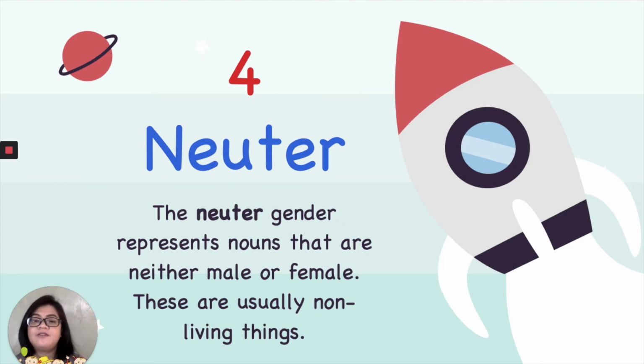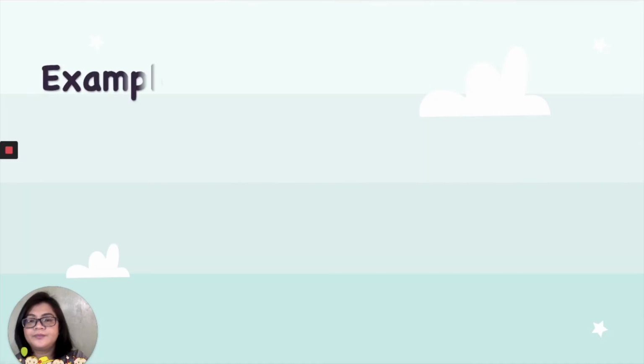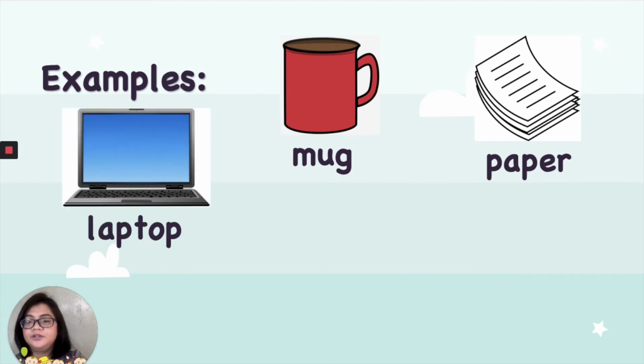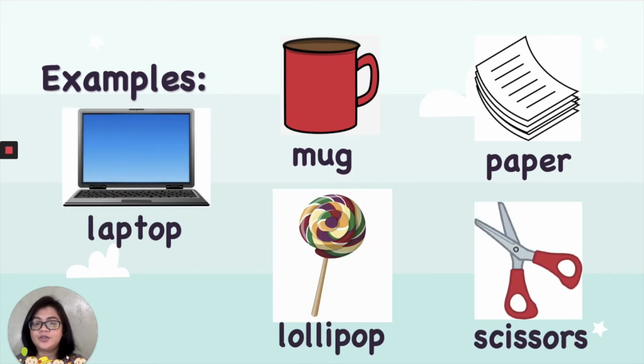So it doesn't have any gender. Examples are a mug, paper, laptop, lollipop, scissors. So all of these on your screen are neuter gender.